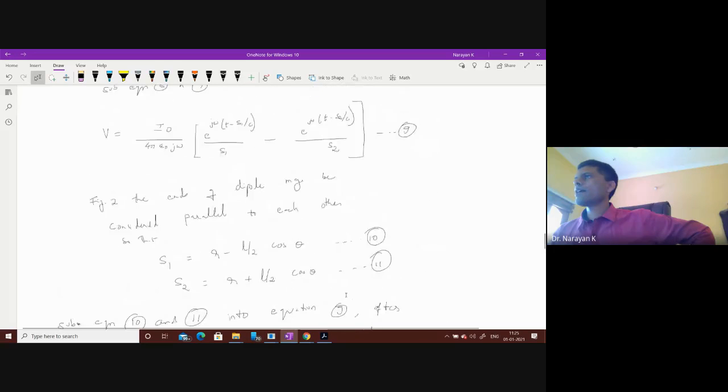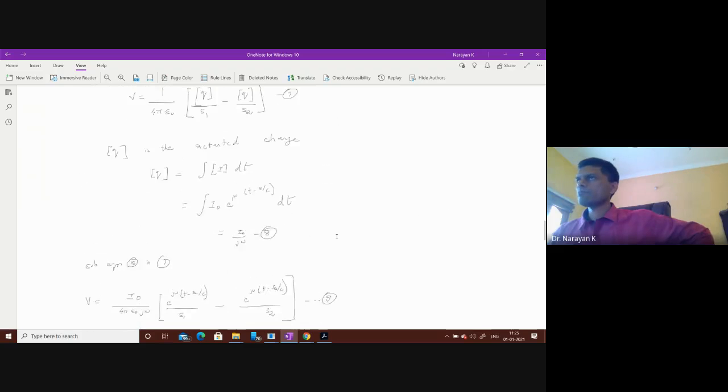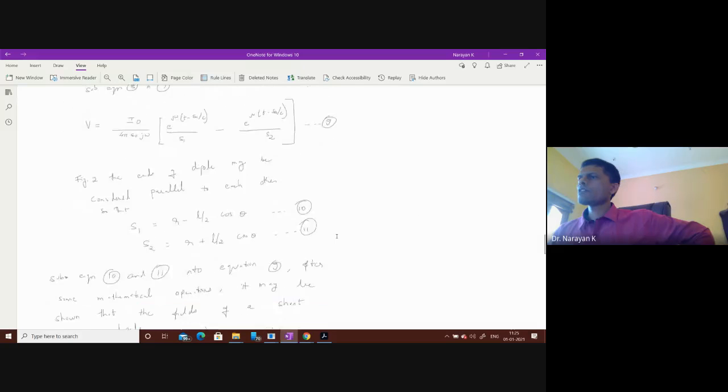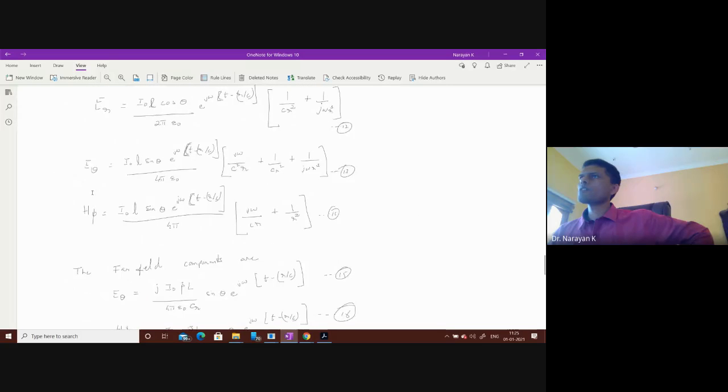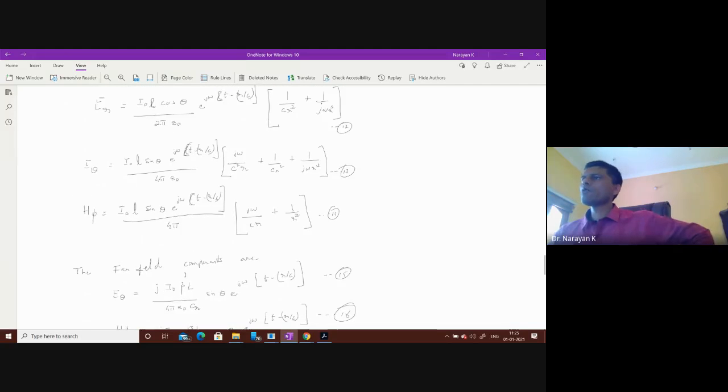Now, I will just tell you the significance of the field components for the people who did not understand, one more time. You have basically 5 equations here: ER, E theta, H phi, and then E theta and H phi in the far field. You may be wondering why ER is not there in the far field components. Can anyone justify why ER is not there?